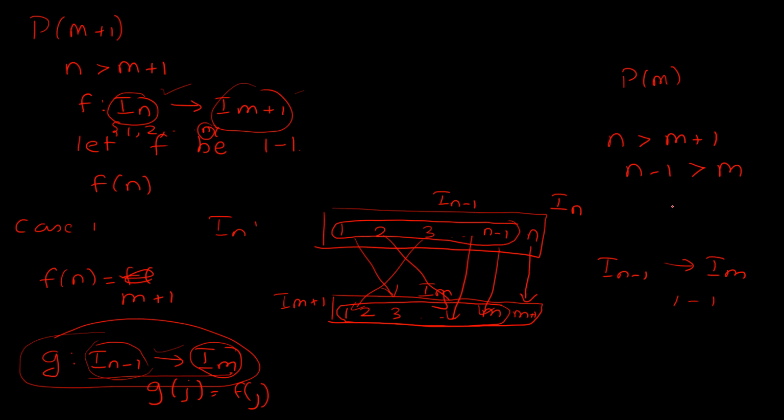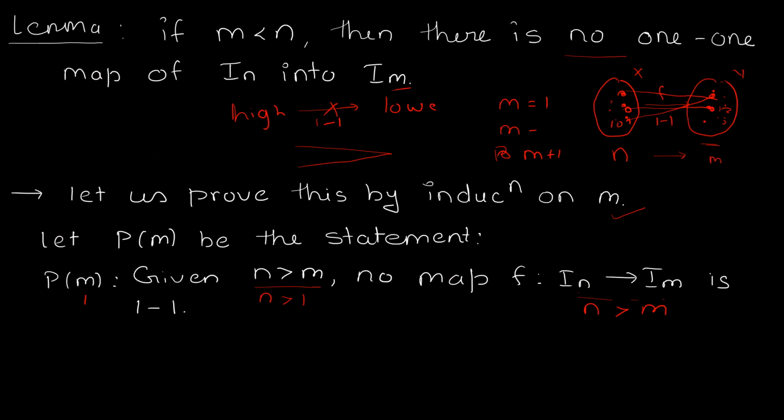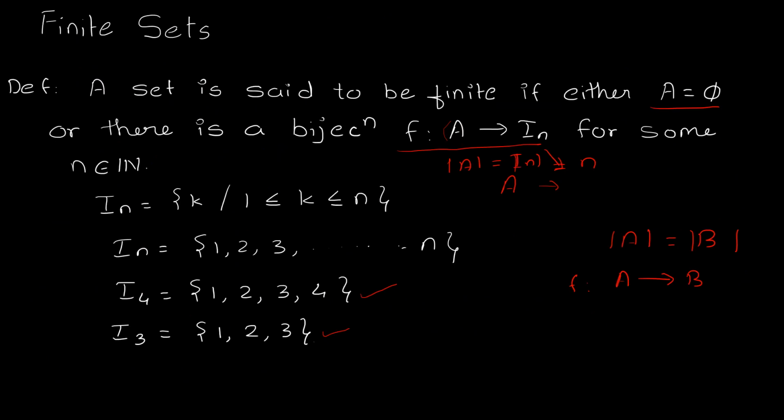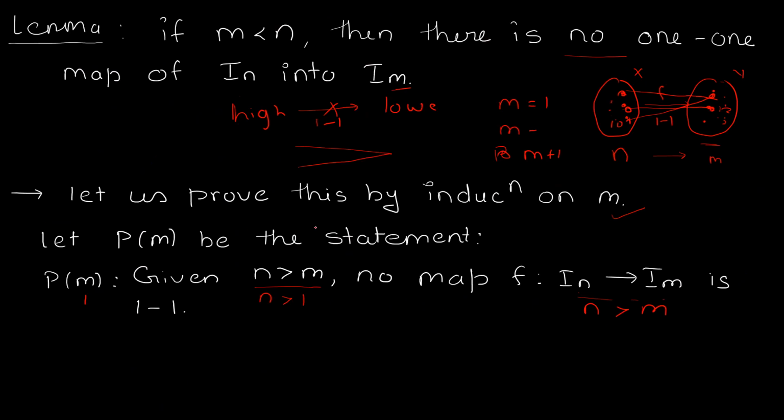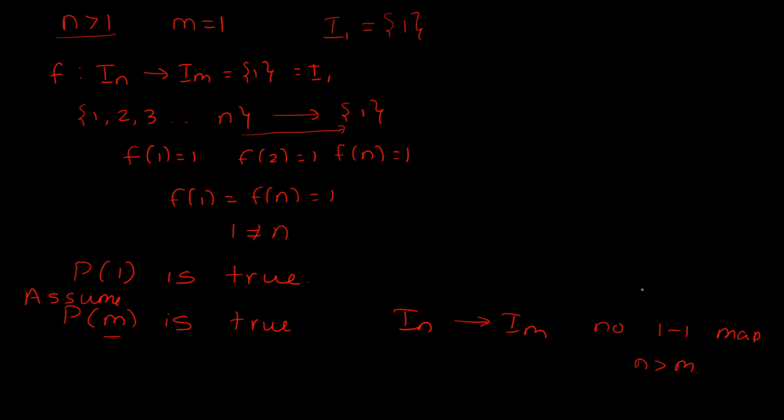And it's a wrong statement that from I n minus 1 to I m there exists a 1-1 map, because we have assumed that there does not exist such a map from I n to I m.